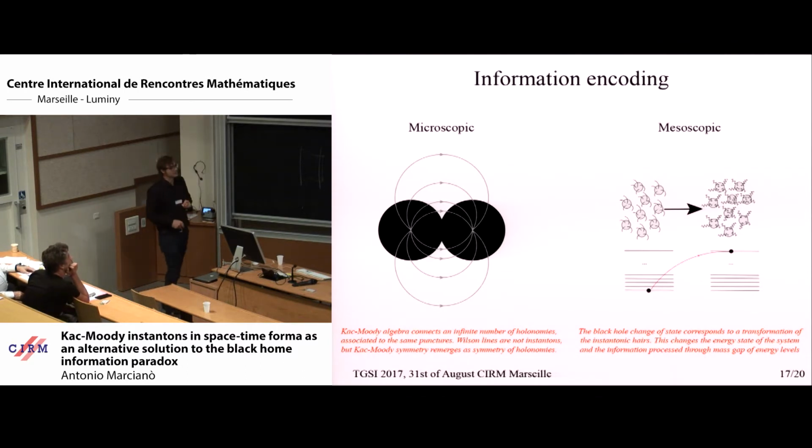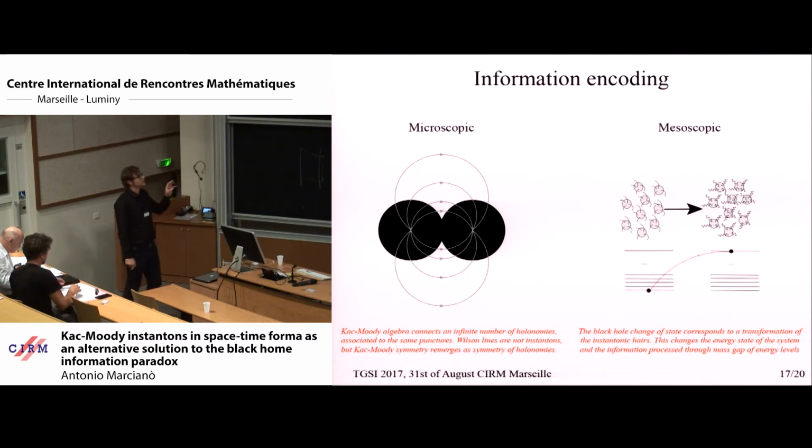So now let's see something always in this double picture somehow. When we want to talk about the information encoding, it's peculiar that the Kac-Moody algebra interconnects this infinite number of holonomies, as I was mentioning before to you.